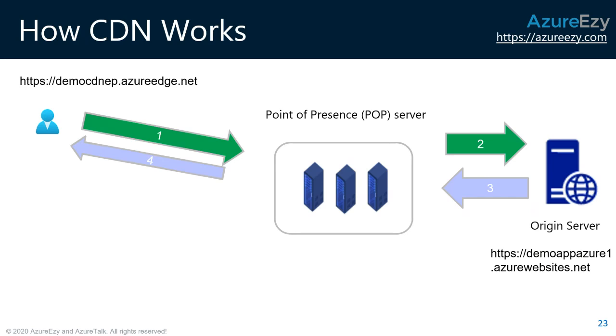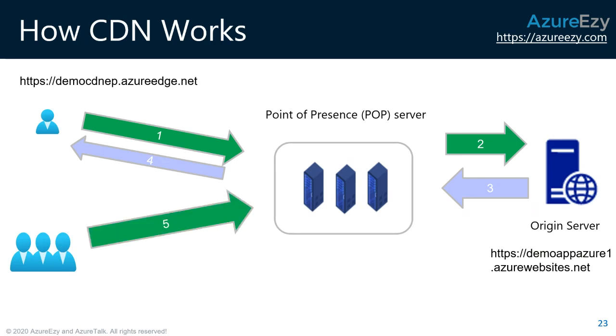Now, let's suppose later I have some other user trying to access the same thing, demo CDN endpoint azureedge.net. In this case, what will happen? Because the first user has already accessed it and the point of presence server has cached that content, the next time any other user tries to access the same thing, it will not go to the origin server.